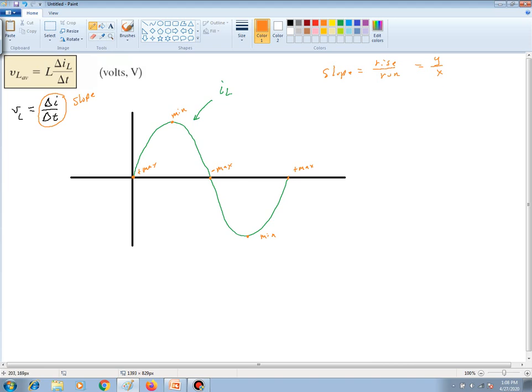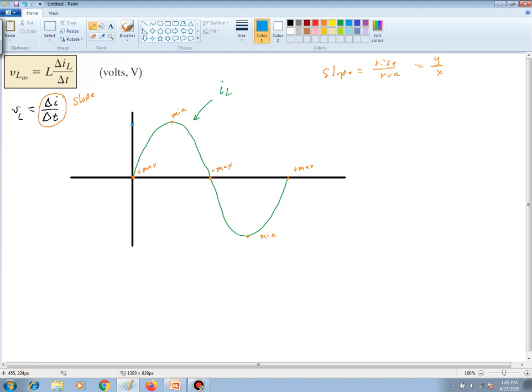If we look at the voltage where we have the plus max in orange, the voltage is proportional to that, so that's going to be at a maximum. And where we have the minimum, the minimum would be 0.